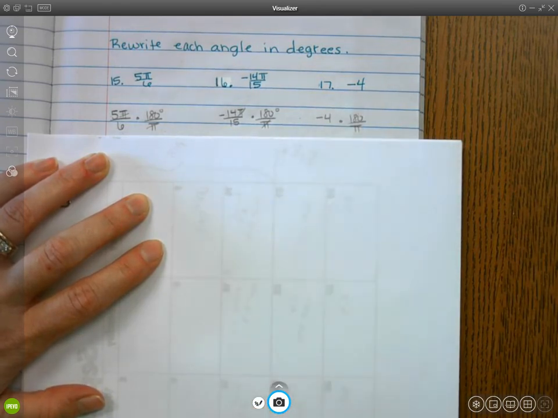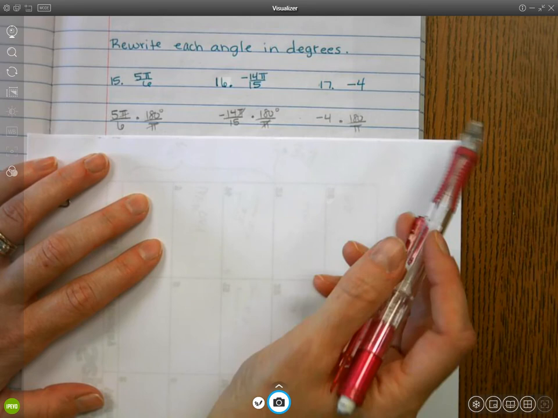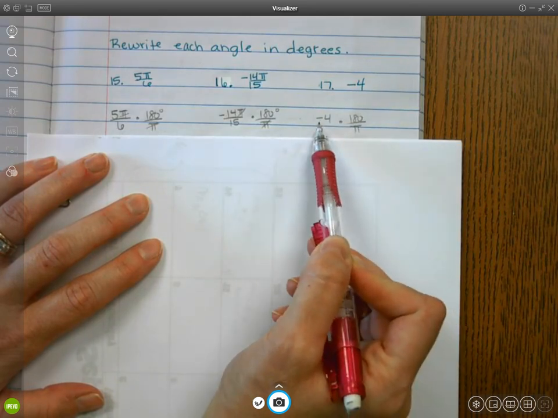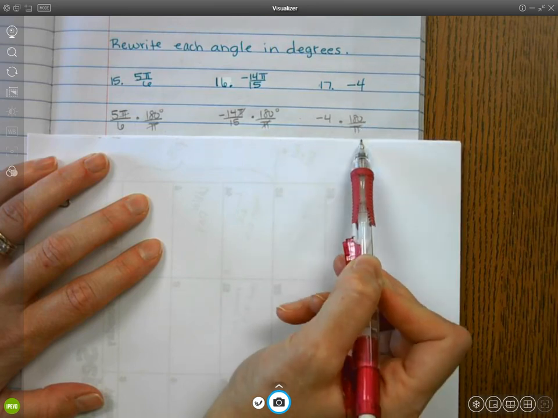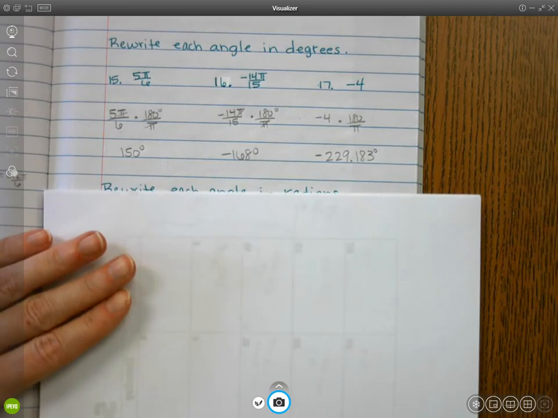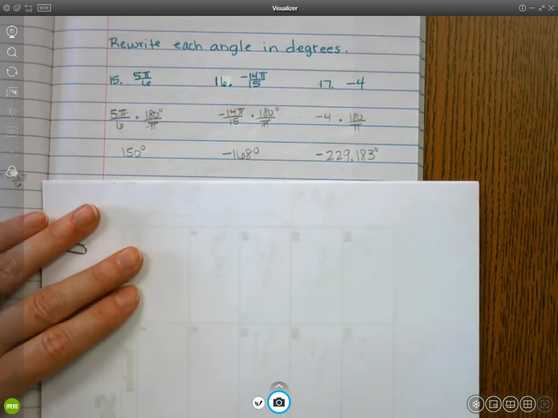On the unit circle, we only label the ones that have a pi, but there's all kinds of numbers of radians. You can find negative 4 radians, you can find 3.2 radians, whatever. So when you do this, the pi is still there. So you'll just do negative 4 times 180 divided by pi, and you'll get a weird little decimal answer. All right, so these are what our answers work out to be.